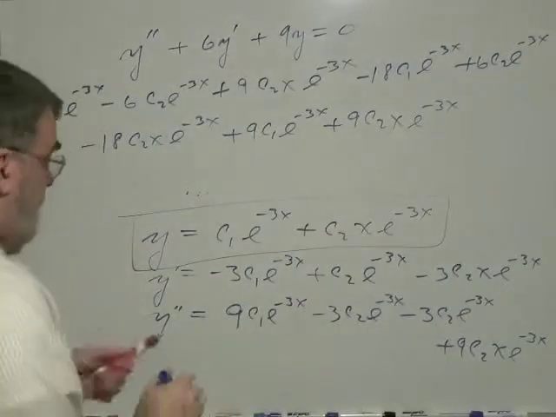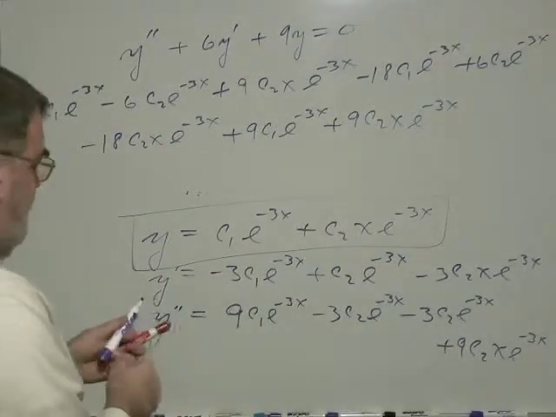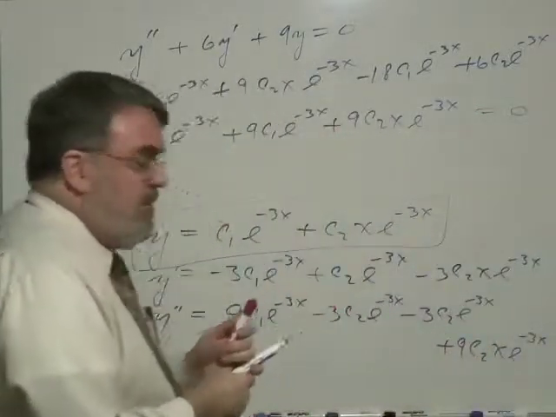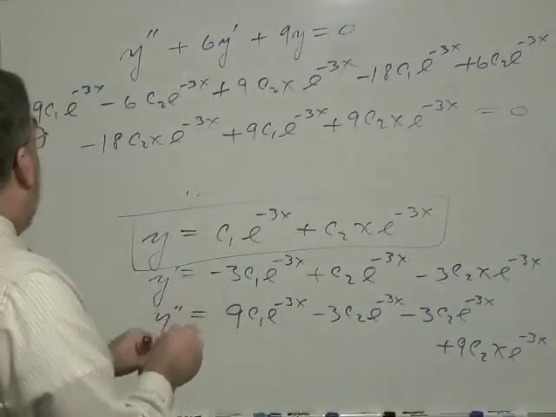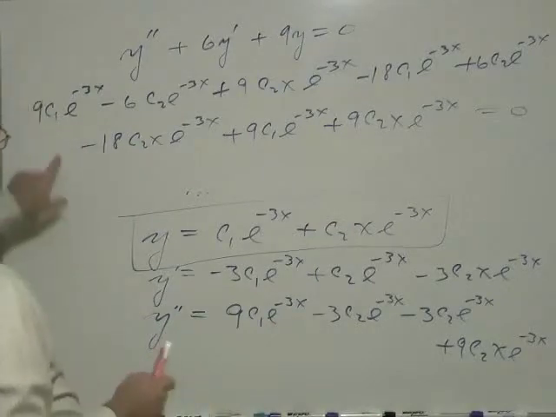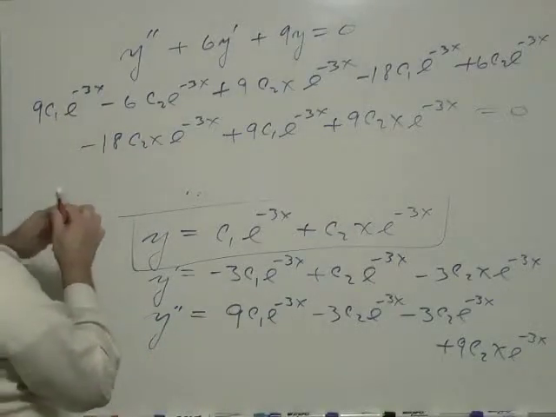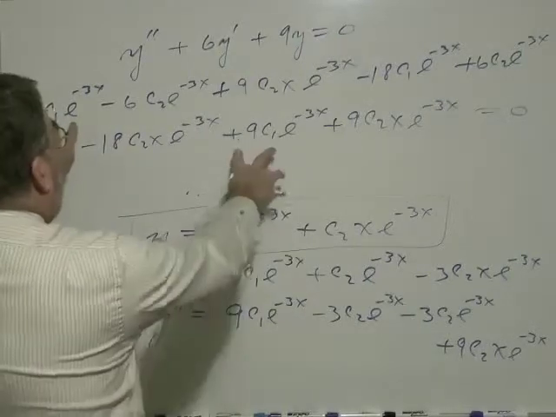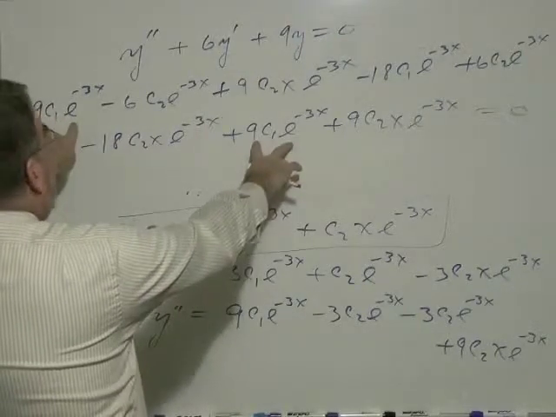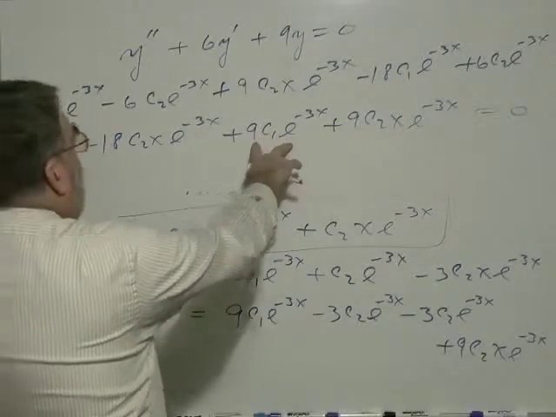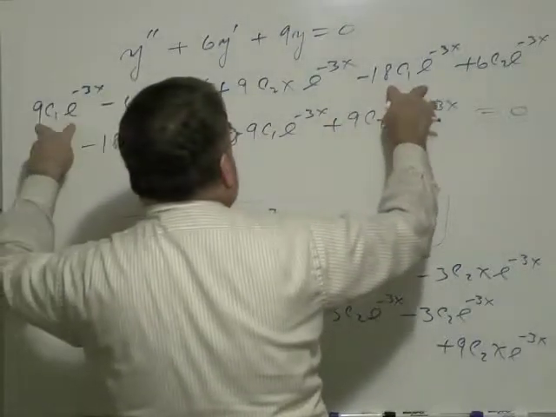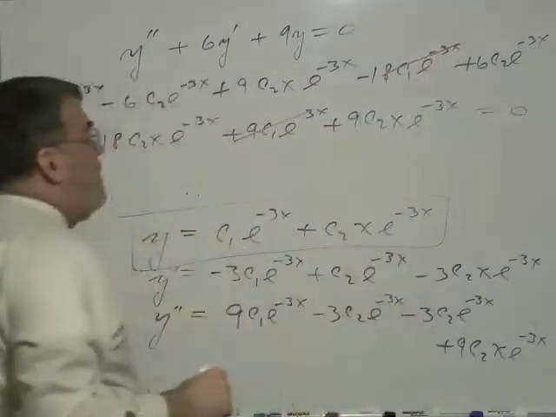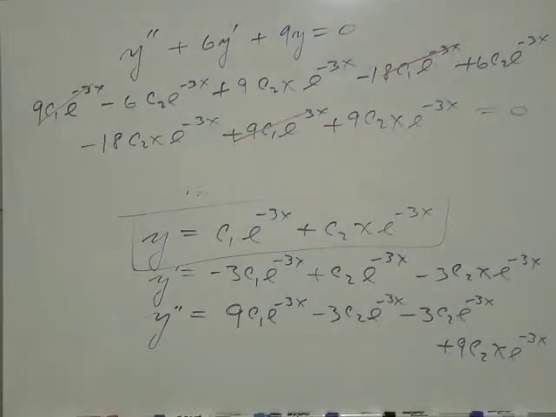Alright, so does that really equal 0? At the moment I'm going to assume it equals 0, but then we're going to just make sure. So let's look at the c1 e to the minus 3x terms. I've got 9 here plus 9 there, that's 18. So I have 18c1 e to the negative 3x, but here's minus 18c1. So these two positives cancel this one negative term. Alright, that's a good sign.